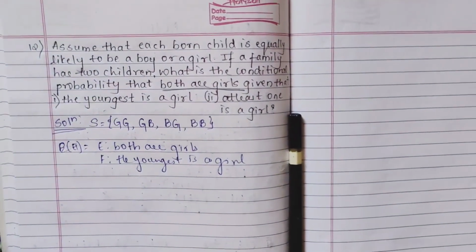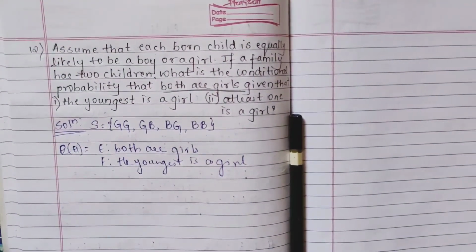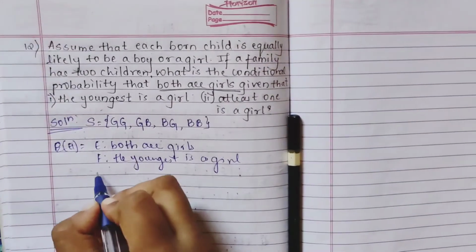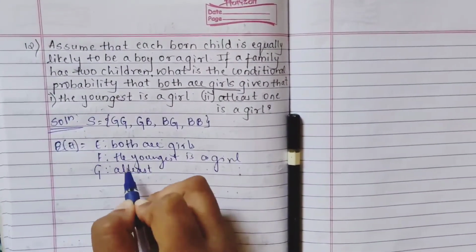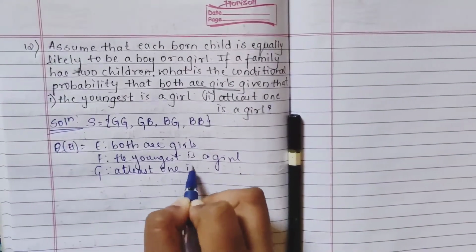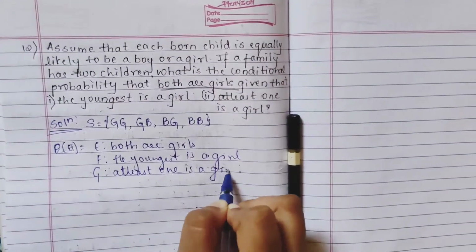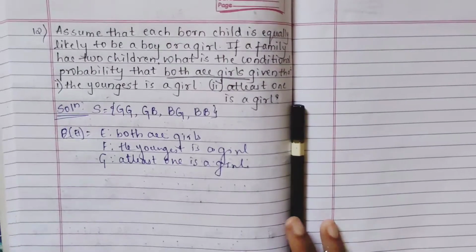And one more, G: at least one is a girl. So these are the 3 events they have given.